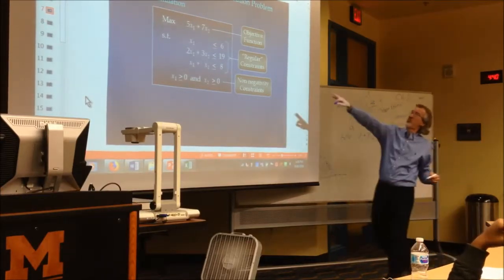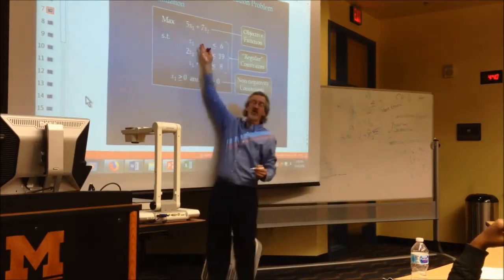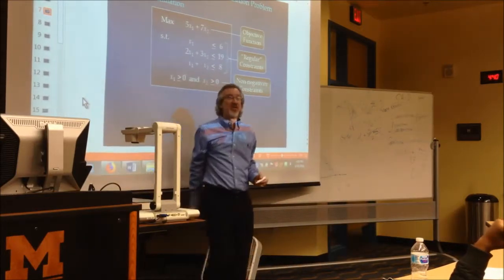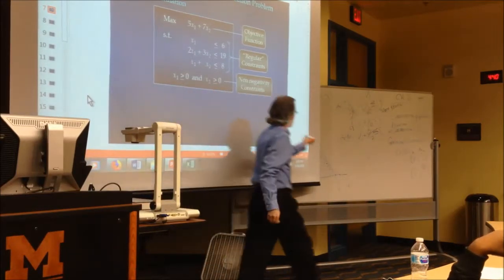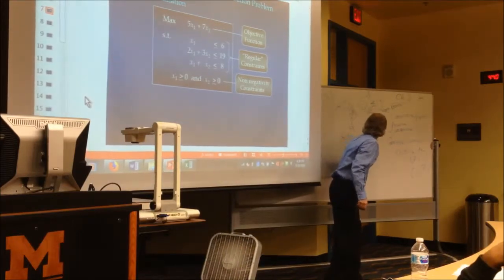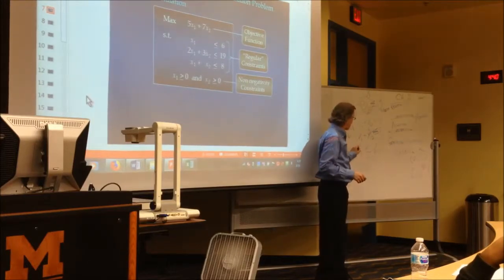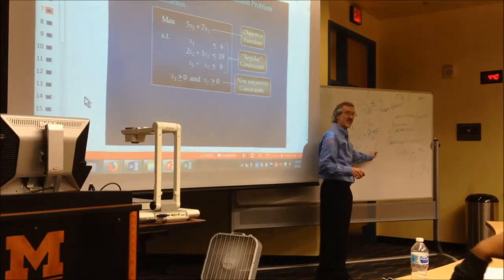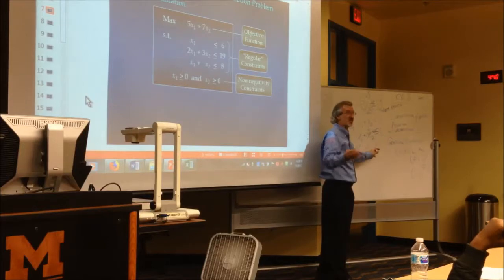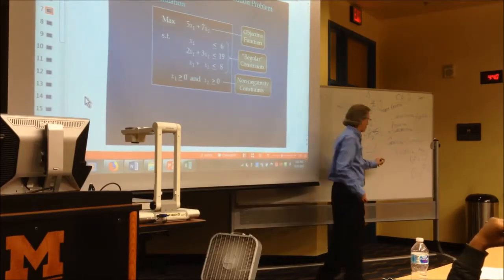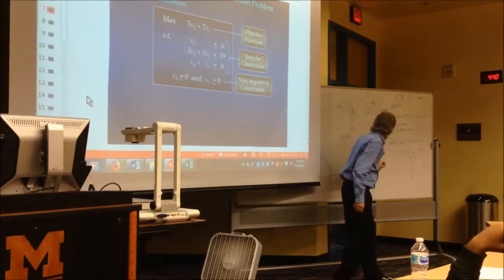And now there's a third one, but it doesn't have the other variable. It only has one variable, and it says x1 is less than or equal to 6. It's basically saying that as long as x1 is 6, x2 can be any number, because it's not even a variable on there.